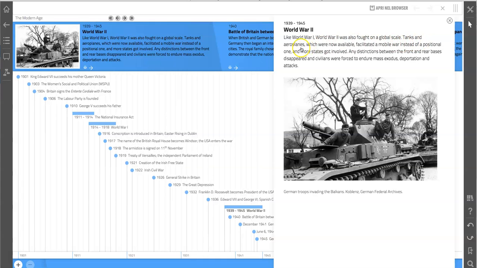Tanks and aeroplanes, which were now available, facilitated a mobile war instead of a positional one, which was the World War I. And more states around the world got involved. Any distinctions between the front and the rear bases disappeared, and civilians were forced to endure a mass exodus, a mass deportation, and attacks. All right.